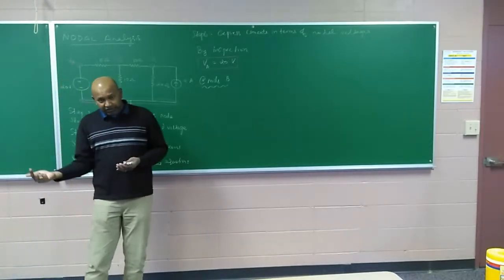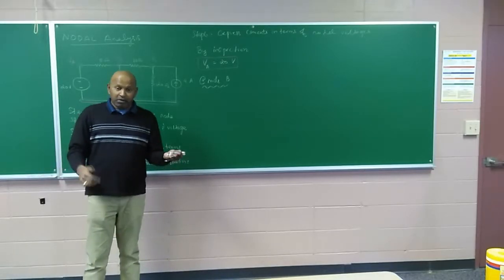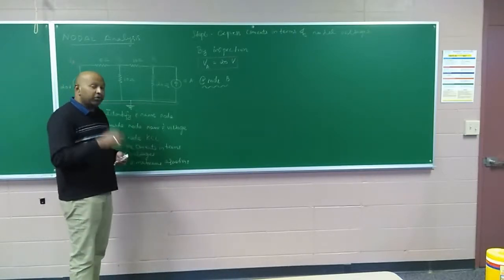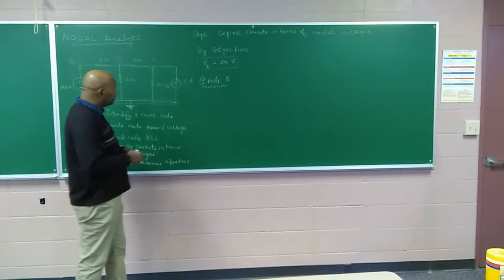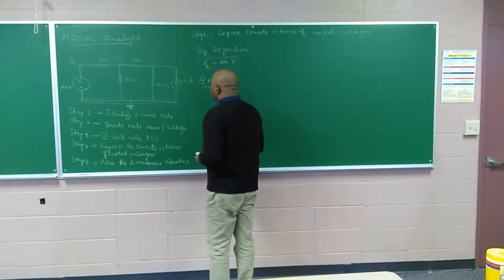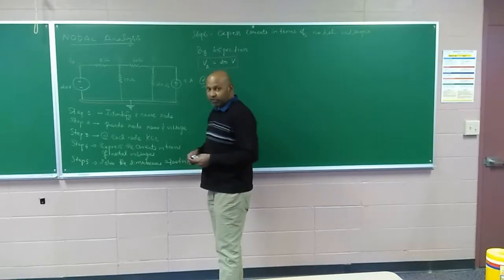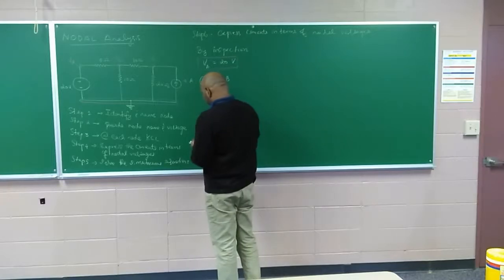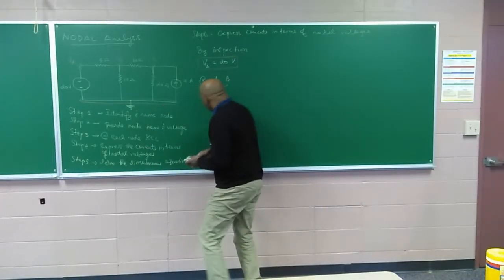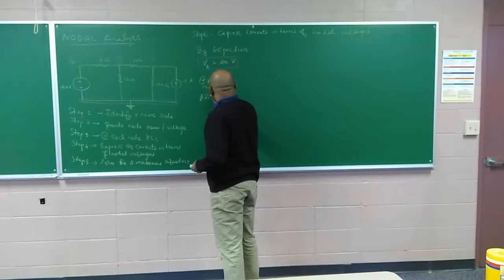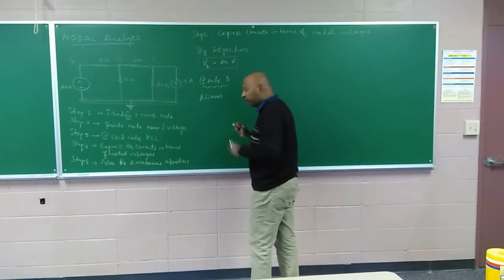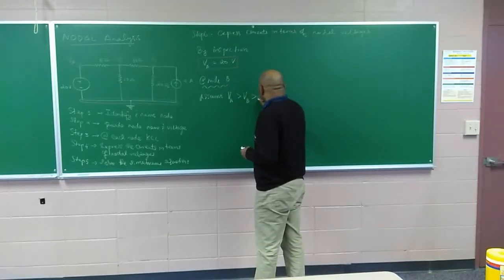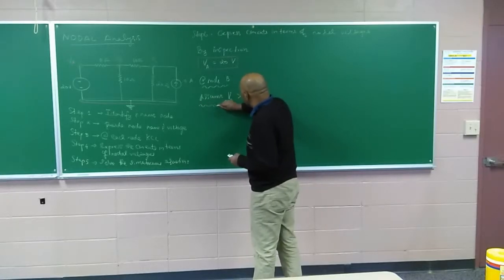We don't know whether the current is flowing from node A to node B or from node B to node A. So to make our life easier and proceed with the analysis, we make a standard assumption, which we make for all analysis: that V sub A will be greater than V sub B, which will be greater than V sub C.